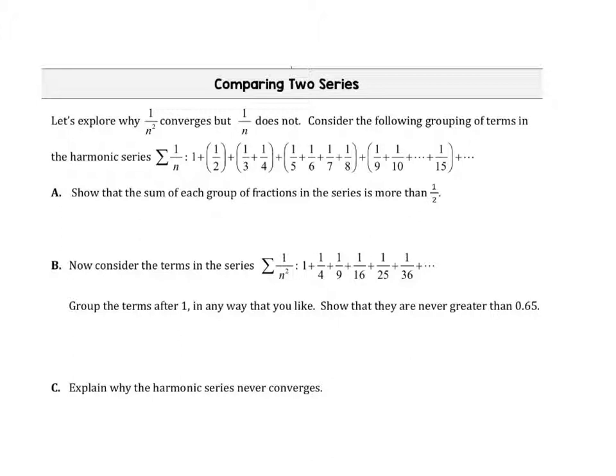If we do evaluate each individual value here, you do get 0.5, and then the next one is going to be 0.58, the next one 0.63.